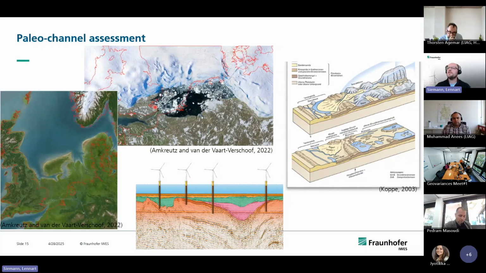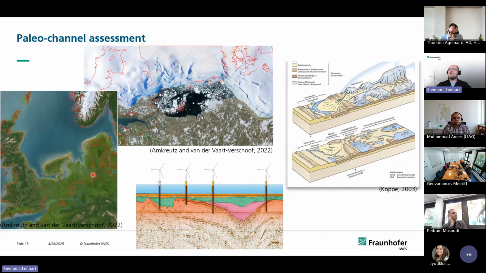So we had glaciation events where we had different depositional systems, but we also had events where the sea level was not as high as it is nowadays. And this led to the fact that the current North Sea was actually land back then and had rivers flowing through it.